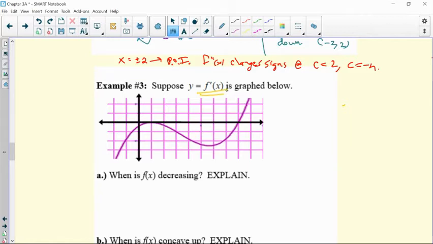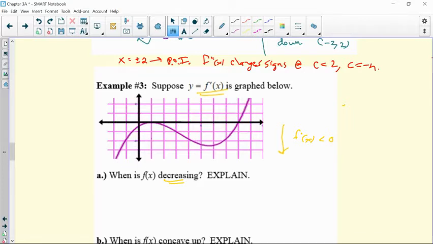Okay. And so when you have a first derivative and you're talking about decreasing, remember anything that's below the x-axis tells you that the first derivative, those y values, are less than 0, that means it's going to be decreasing. So I know it's decreasing.